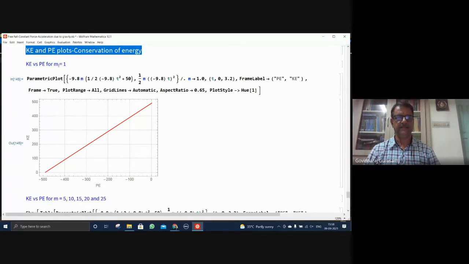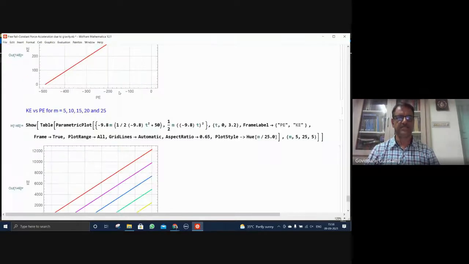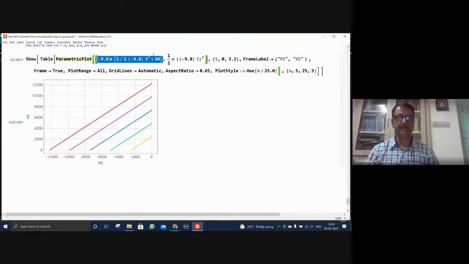For example, mass equal to 1, and you can see the kinetic energy versus potential energy. This is the plot when mass equal to 1. If it is different masses, 5, 10, 15, 20, 25, what would happen to this kinetic energy of mv square? This is half mv square, and this is mgh, the potential energy. In the parametric form we have plotted. We have parallel straight lines.